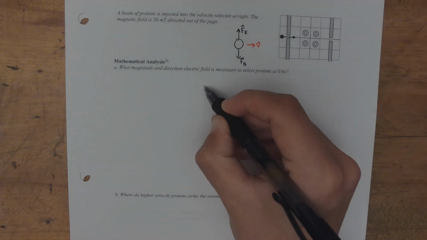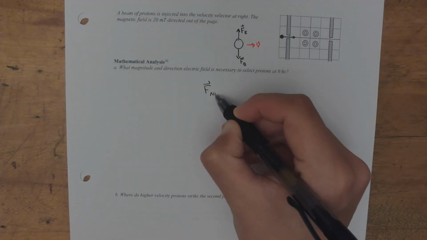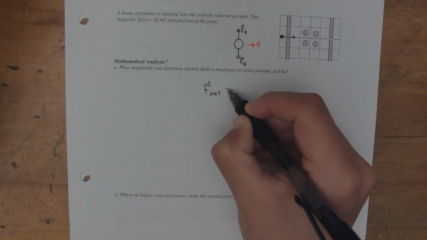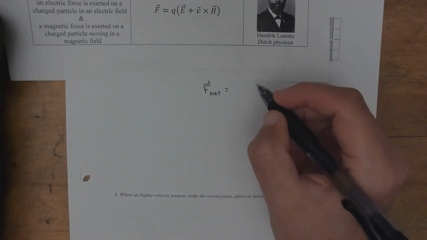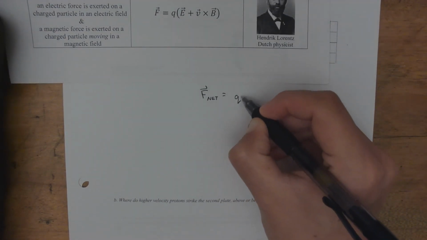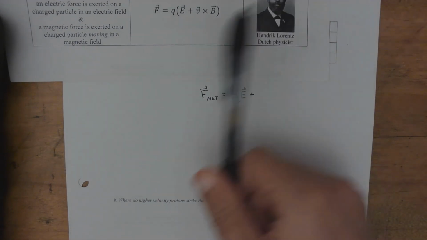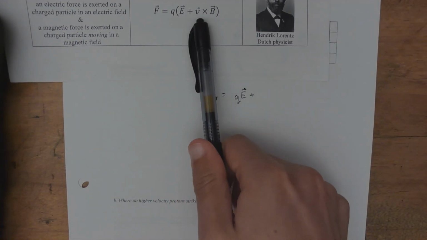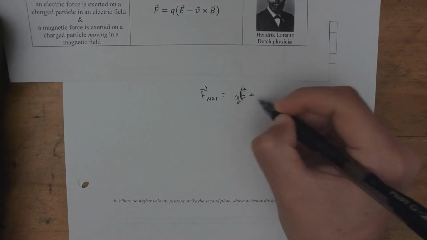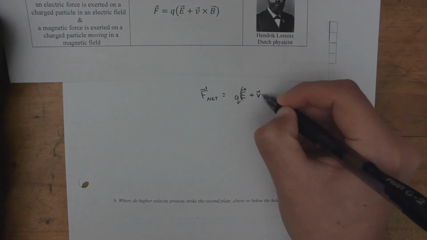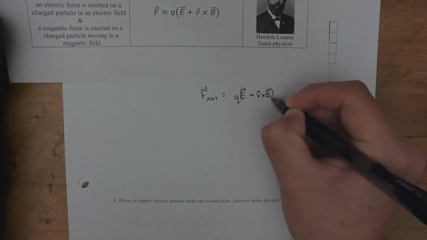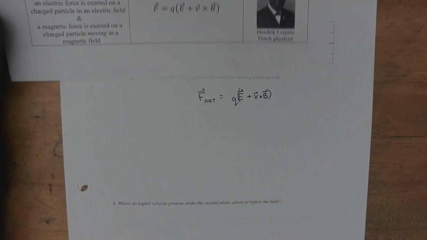So the net force is equal to the charge times the electric field plus the charge times V crossed with B, and that is the Lorentz force law.